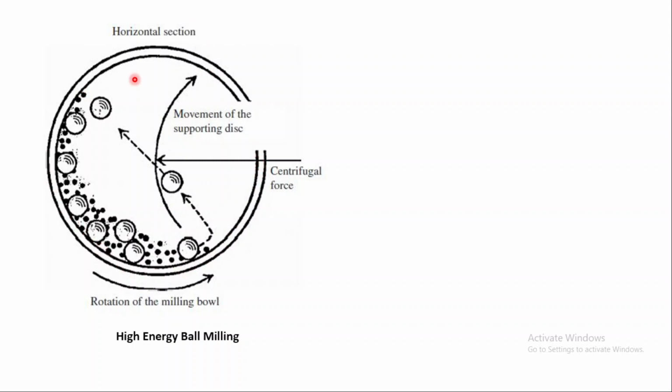And inside of this ball, there are certain smaller balls. So these are rolling balls. And these rolling balls, in between them, all these black dots that you see, these black dots are the materials which these balls grind.